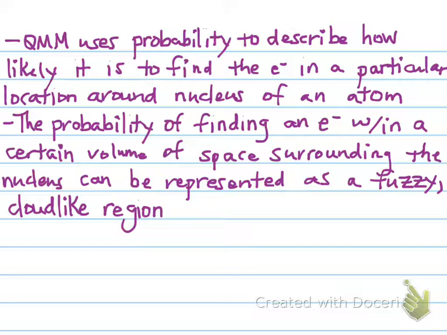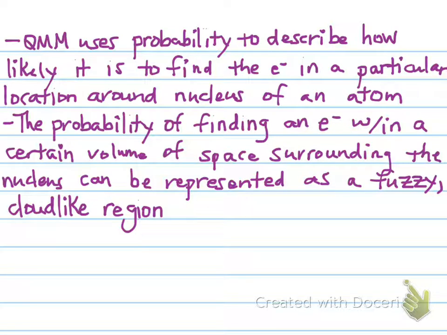And then there's areas where the fog isn't dense at all and it's easy to see. The idea here is where it's likely that you would find an electron, that fog would be really thick. It would be dense. And in this area where it's not very likely to find an electron, that fog would thin out and almost be non-existent.